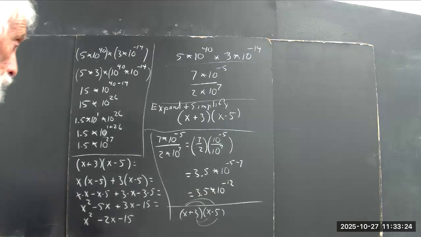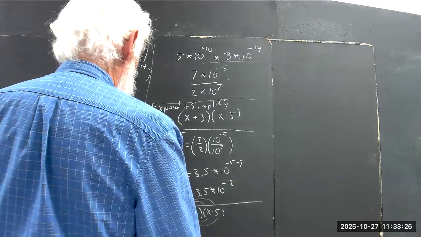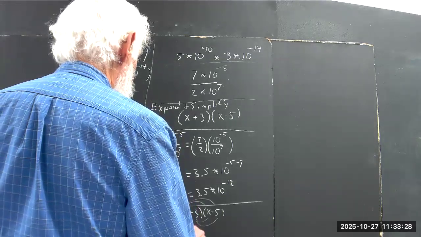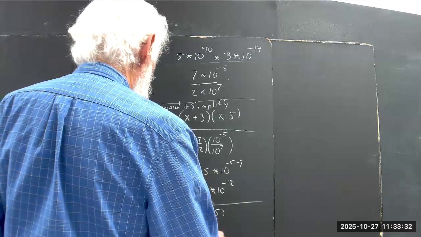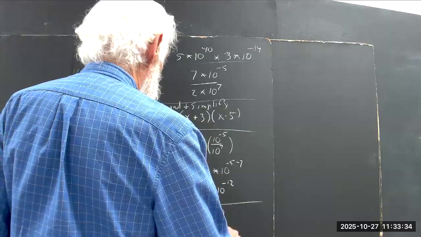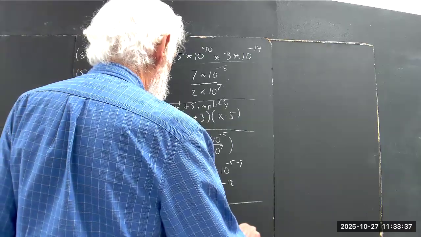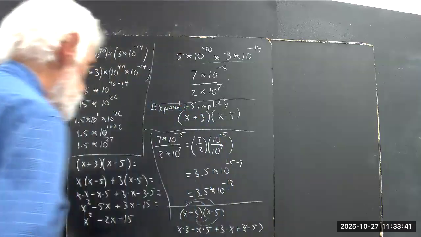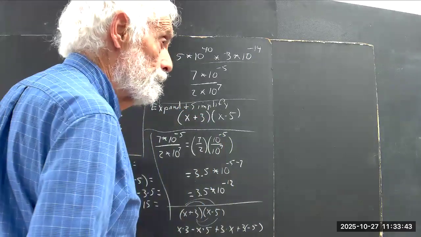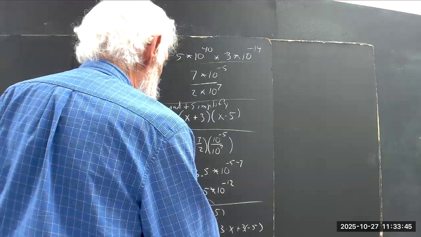Okay. So you could say, okay, that gives you x times x minus x times 5 plus 3 times x plus 3 times negative 5. And then I'll just write etc.